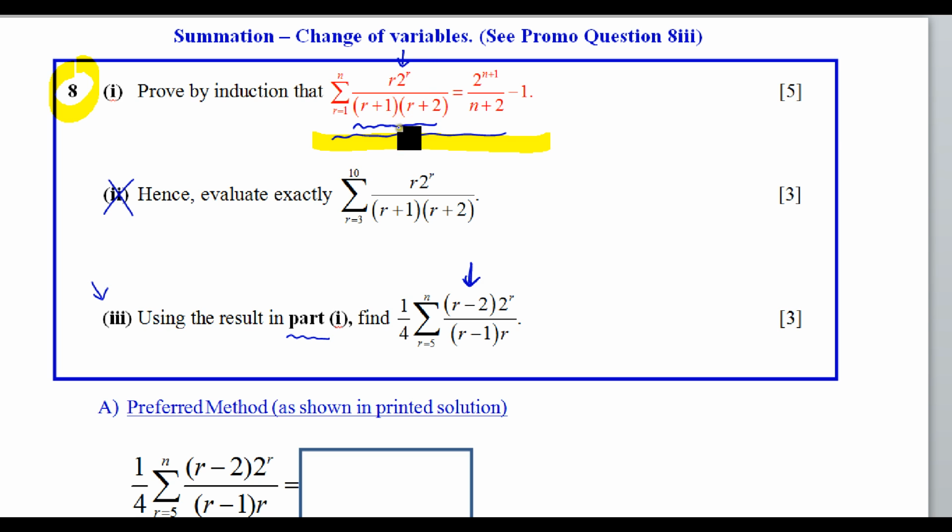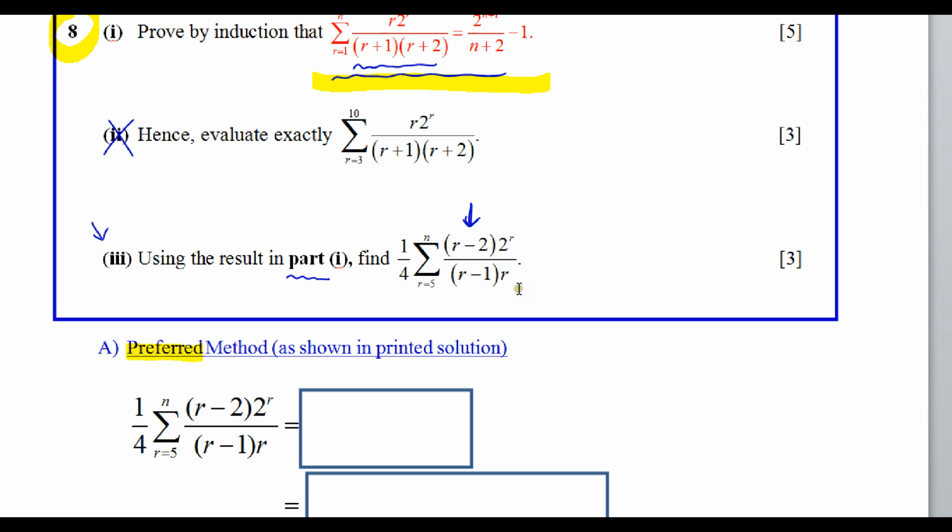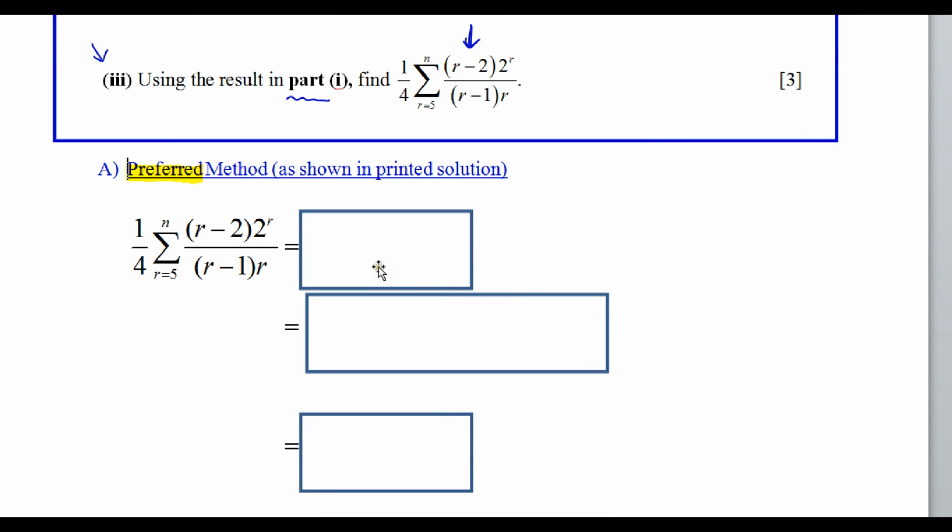Looks similar, but not exactly the same. So, what is given in the printed solution, which, I must stress, is the preferred method, is this. It is 1/4.